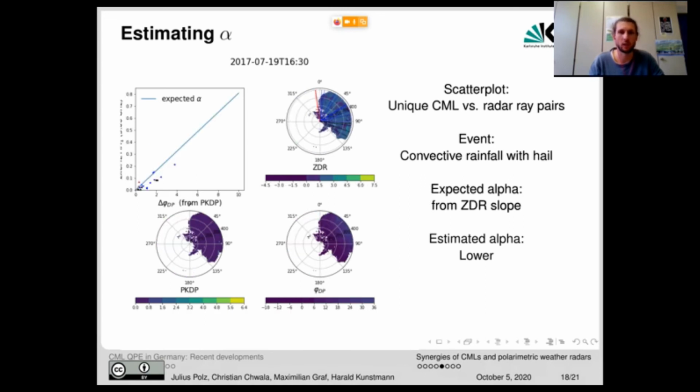And here we have 5 minutes later, a different radar location. We got much smaller VDP values, but still we get a good linear agreement, and again the suggestion that the alpha should be a bit lower.